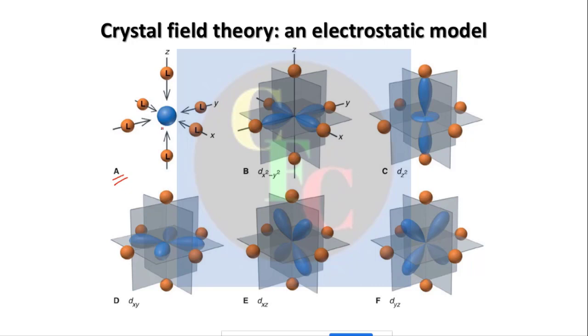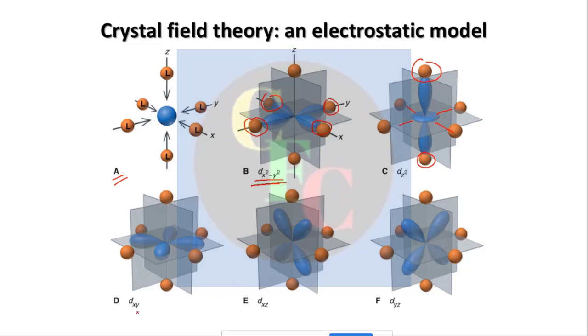But when they come closer, they can differentiate between the orbitals. See, let us first take the case of x square minus y square. In these 4 lobes, they experience these 4 ligands directly, isn't it? For z square also, they experience these 2 ligands directly, and this ring also experiences these 4 ligands, in the same plane.